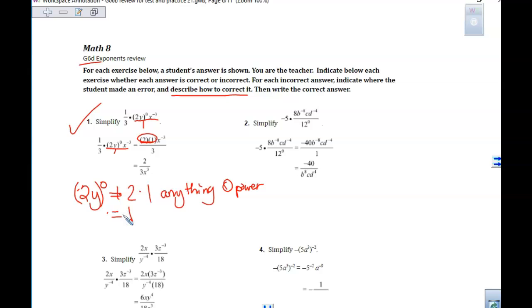This is supposed to just be a 1. So then correct it in your answer, so the answer should have been 1 over 3x to the 3rd. Okay, so we corrected it in the answer, we explained what we did, we showed this is where they made the mistake. When you finish this homework quiz, this practice quiz, this is what you're going to work on next.